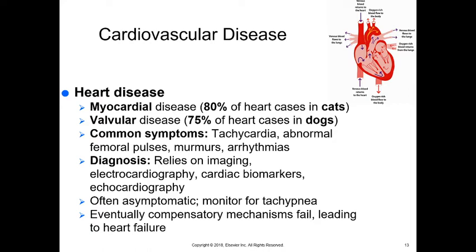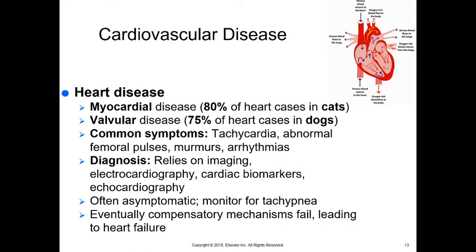And the most common cause for mitral valve disease, which is the most common cause of heart problems in dogs, is a nasty mouth. So dental disease leads to heart disease in dogs. Dental disease in cats, for whatever reason, tends to lead toward renal disease. So it is really important that we keep those mouths clean.